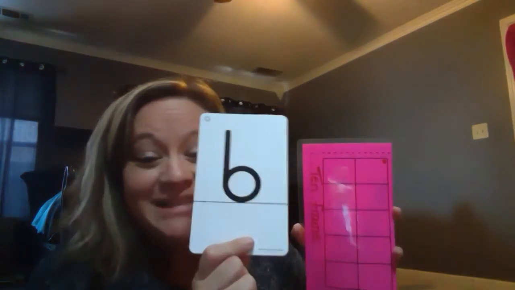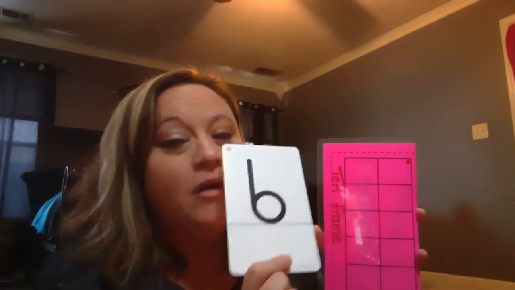What number is this? 6. Oh my goodness, what am I going to do? Well, I know that 6 comes after 5, and this whole row is 5. I don't even have to count it. I should already know that. So I'm going to quickly put these on there. 1, 2, 3, 4, 5.